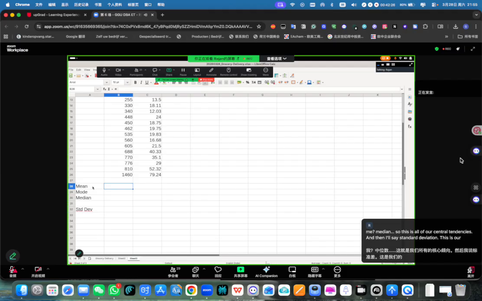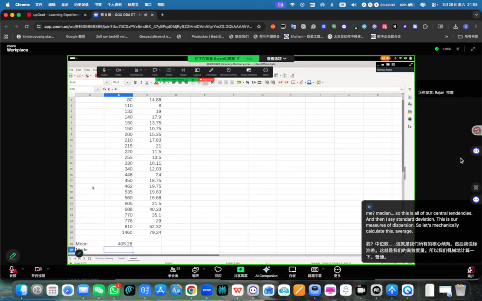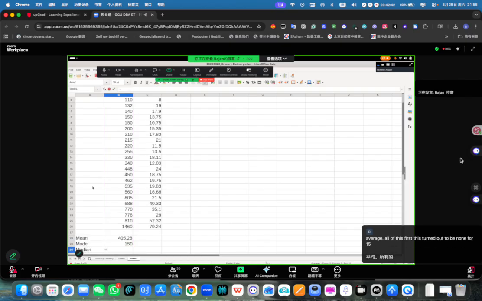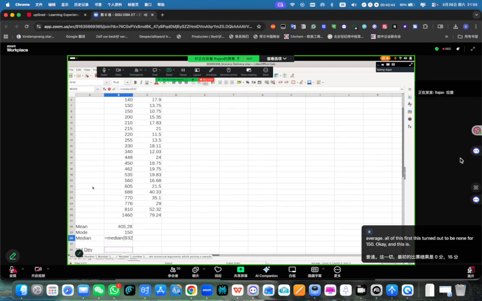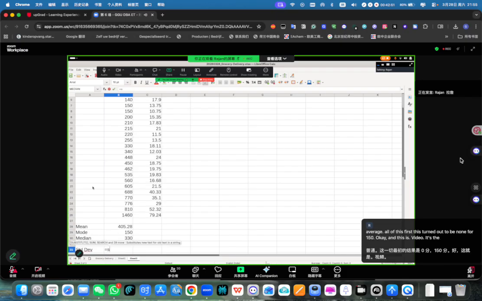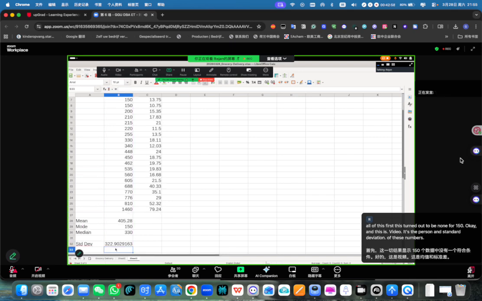So let's mechanically calculate this: average, mode of these first, this will turn out to be none or 150, and this is median of these numbers, and standard deviation of these numbers. These are formulas I'm using from Excel.